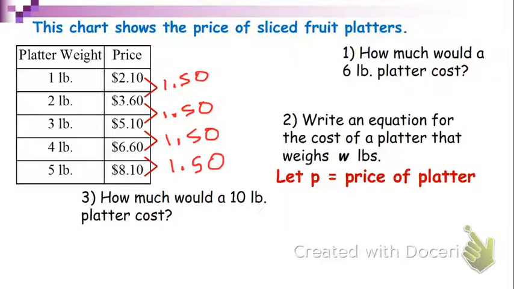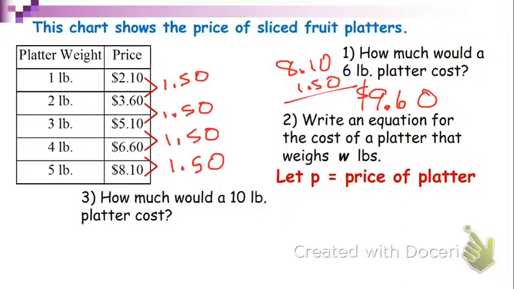So if we were to figure out what 6 pounds cost, we could take the 8.10 plus $1.50, and we would get $9.60. But we don't want to have to keep adding this $1.50 all the time. What if we wanted 20 pounds? So we want to have an equation to figure out the cost of a platter that weighs W pounds.